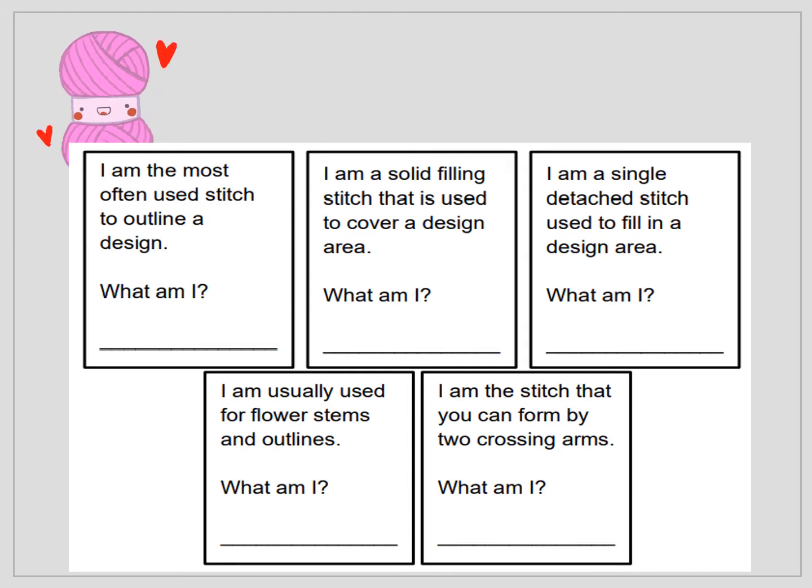What am I? I am a single detached stitch used to fill in a design area. What am I? I am usually used for flower stems and outlines. What am I? I am the stitch that you can form by two crossing arms. What am I?